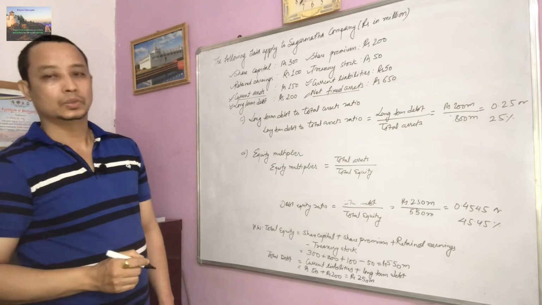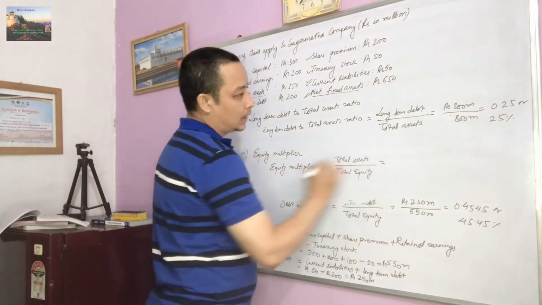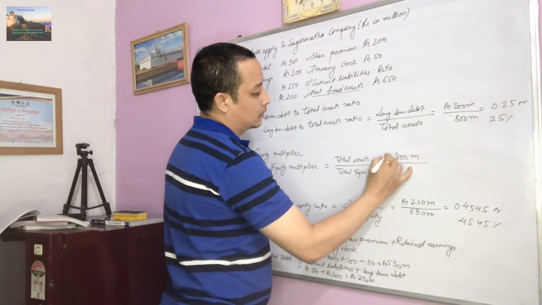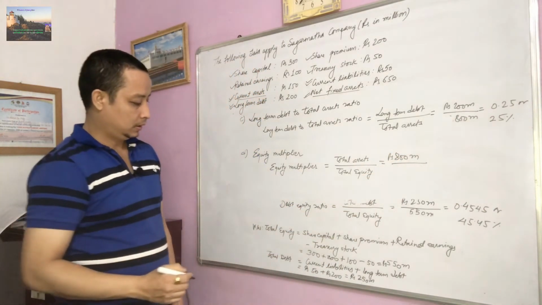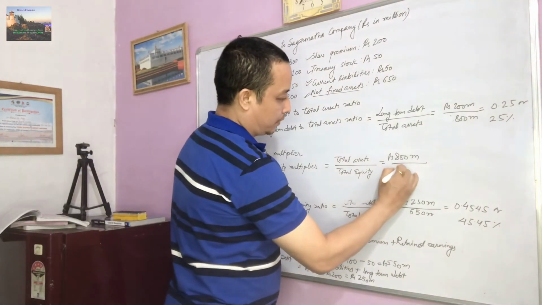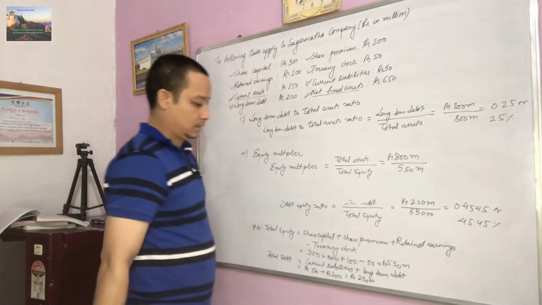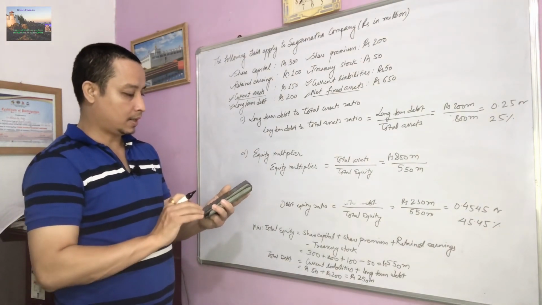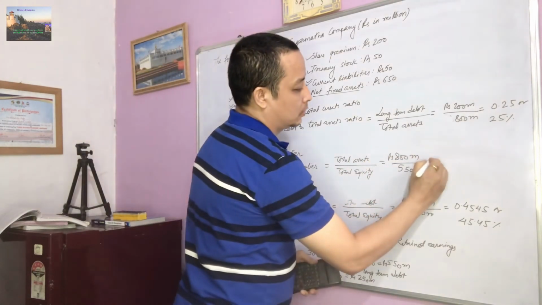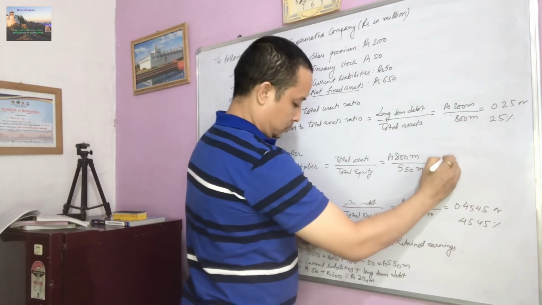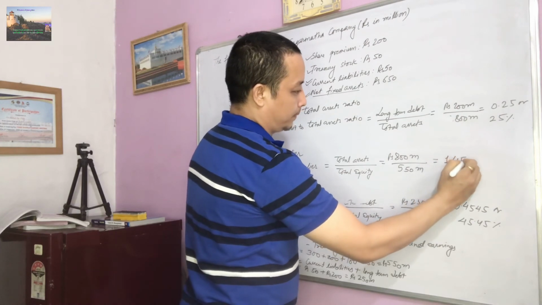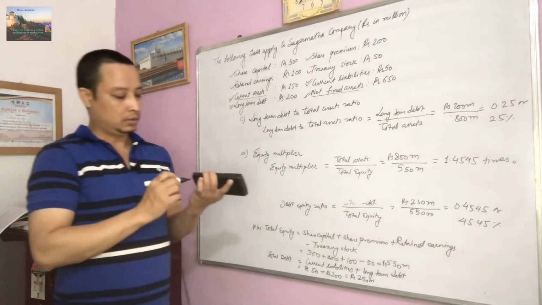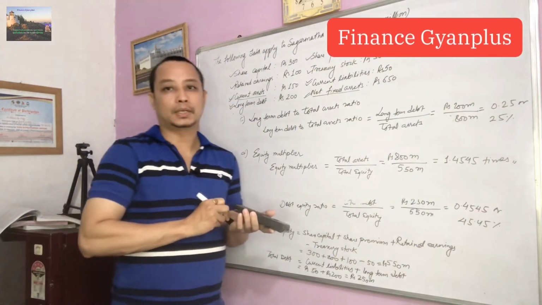So total asset, you have already found, is 800 million, and total equity is your 550 million. Okay, so now let's find equity multiplier equal to 1.4545 times. Okay, so this is your equity multiplier of Sagarmatha company.